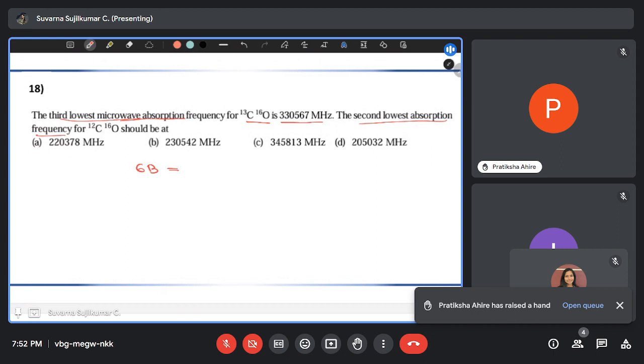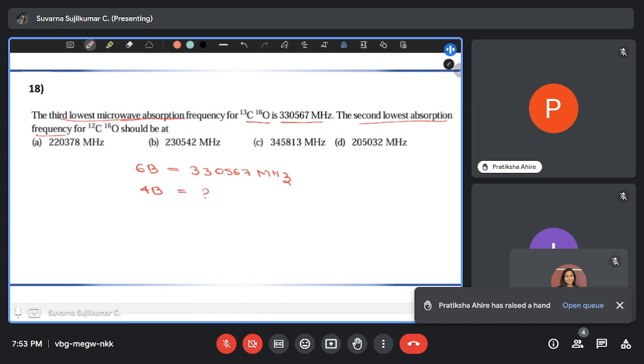So the third lowest microwave absorption corresponds to a 6B value in the spectra, which here is 33657 megahertz. The second lowest absorption frequency implies 4B. This is the one we have to find.